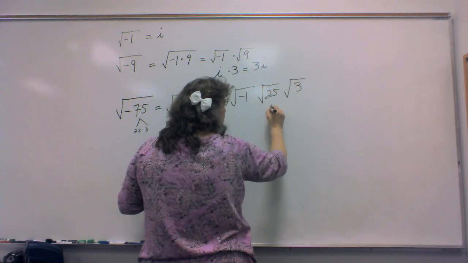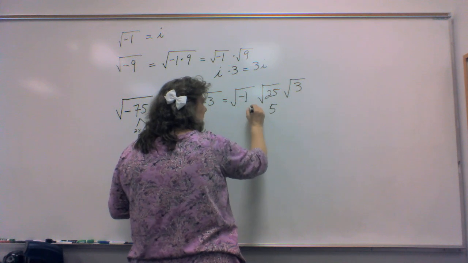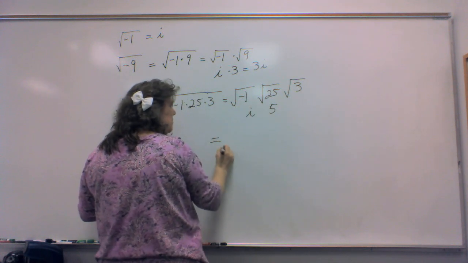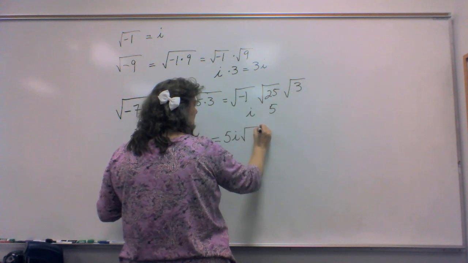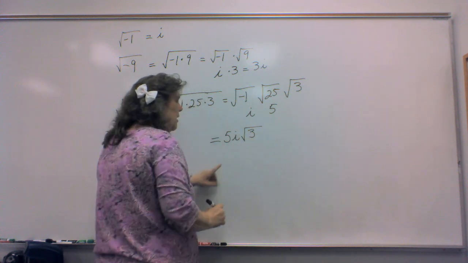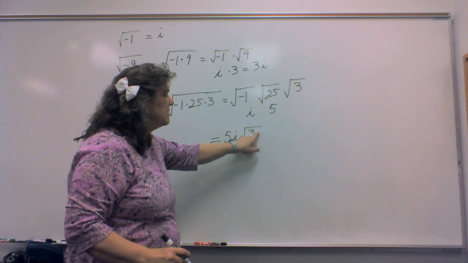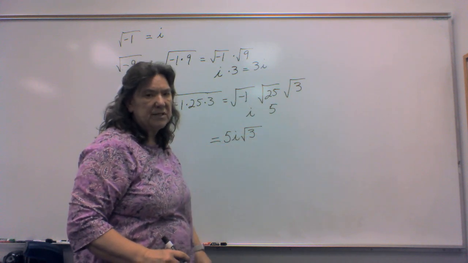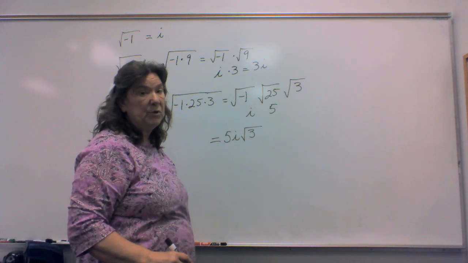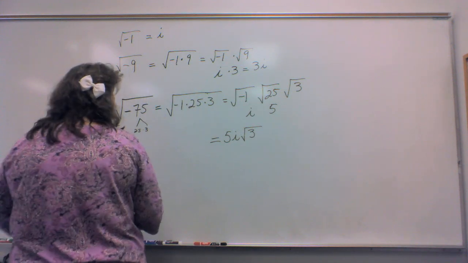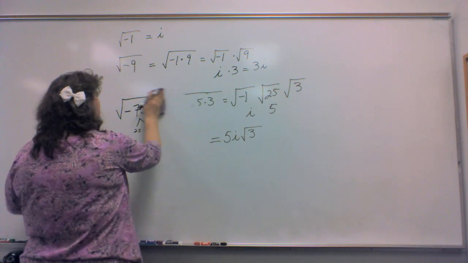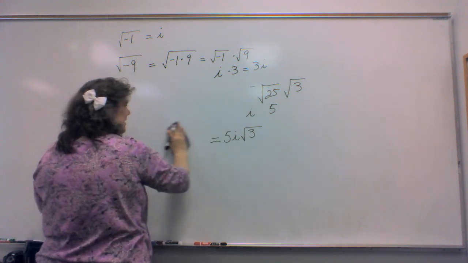This is equal to 5, this is equal to I. So this then is equal to 5 times I times the square root of 3. And we do this so the I doesn't slip underneath the square root sign, which happens a lot if you put it at the end. So now you know what to do with those imaginary numbers.